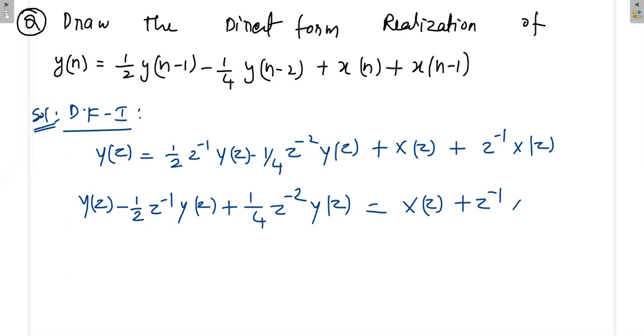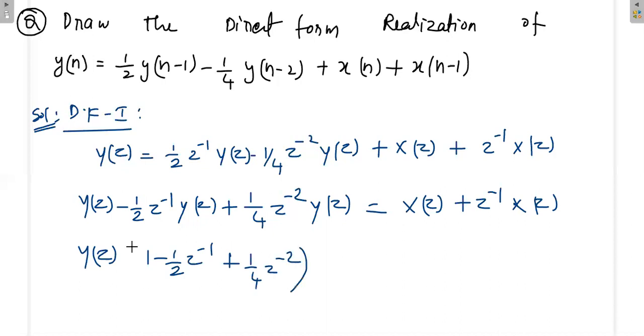From the left hand side take the y of z outside, from the right hand side take the x of z outside. From this we can calculate y of z divided by x of z. Y of z divided by x of z is equal to 1 plus z inverse.